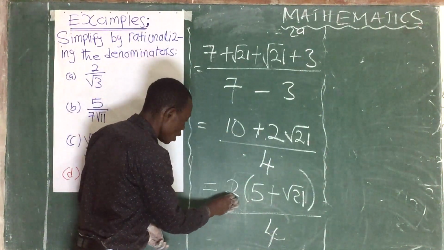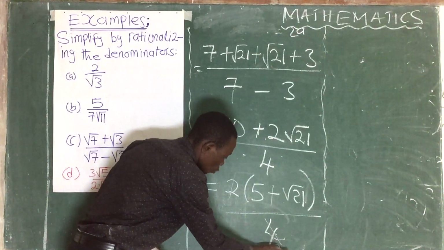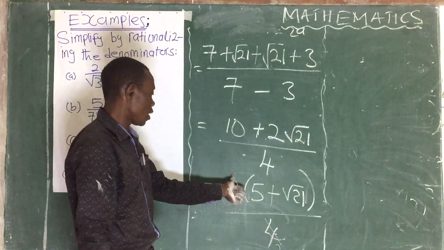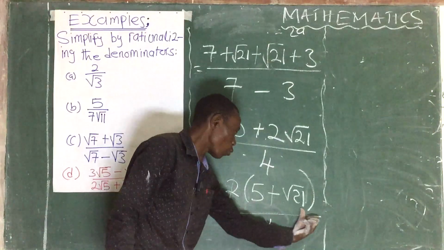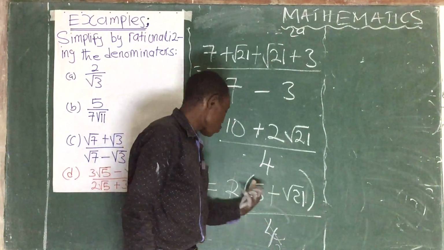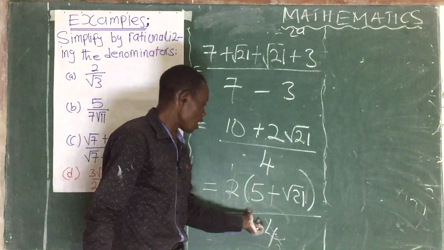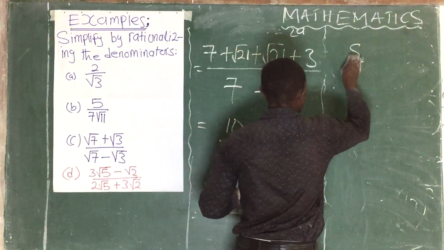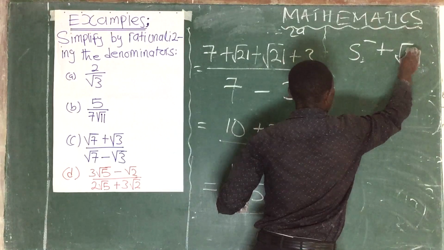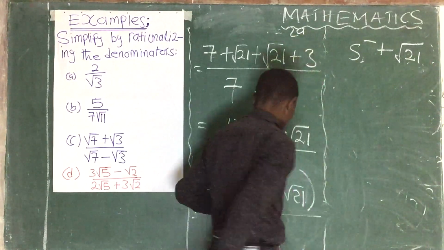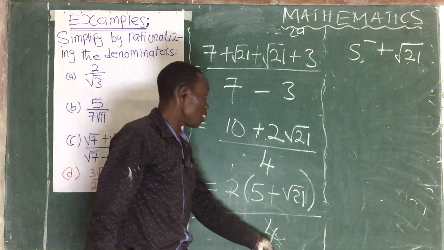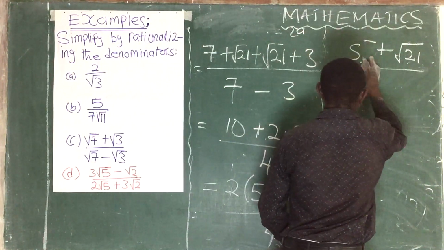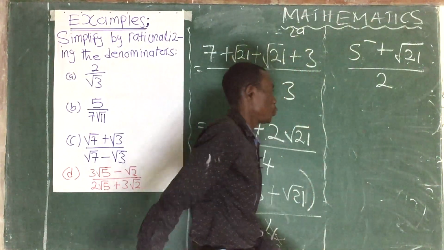So you divide 2 here, 1, and 2 here is 2. The 1 you get here is the one that is multiplying the whole of this expression. So if we have 1 multiplying this, because it's more like expanding, you have 5 plus root of 21. And down here, the 2 gets 2 times, so down here you have got an answer of 2.